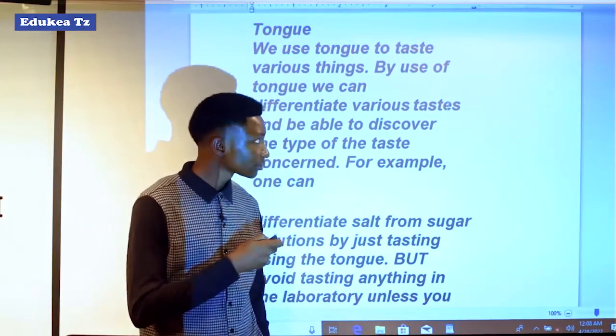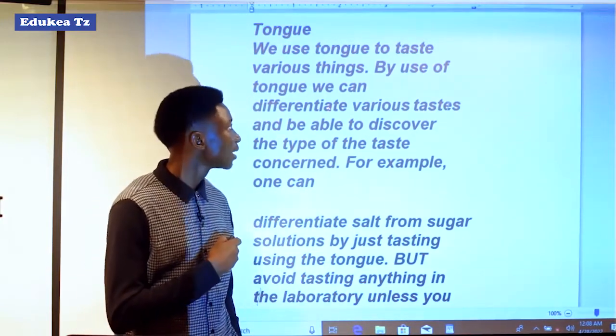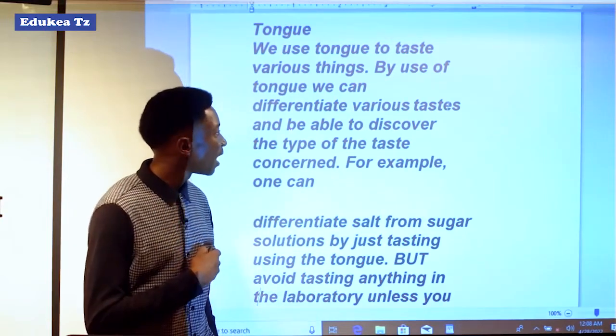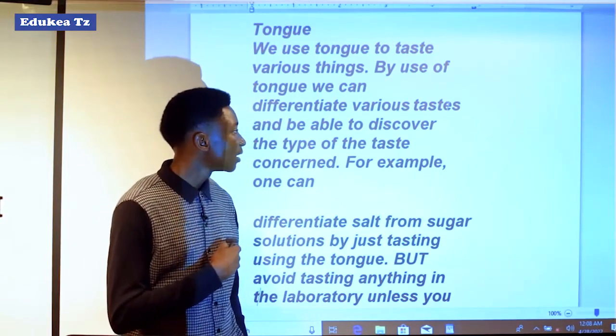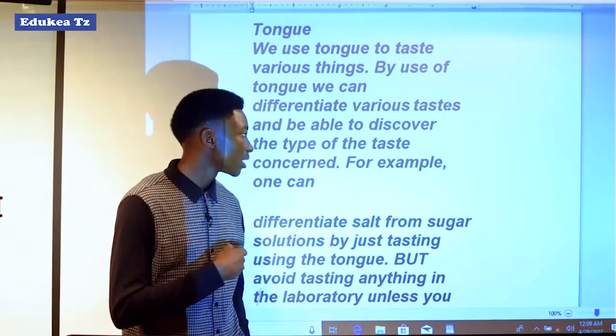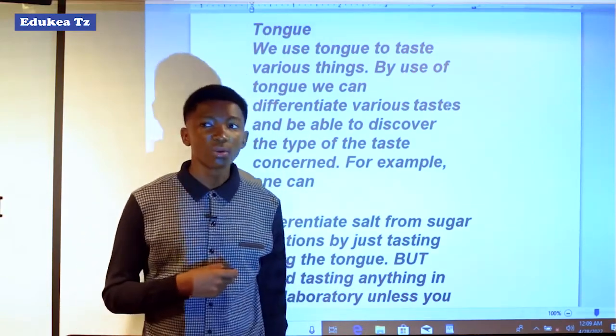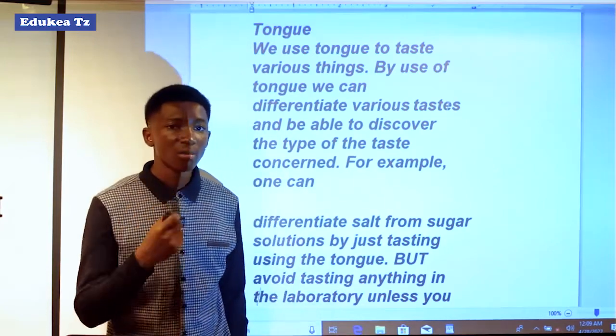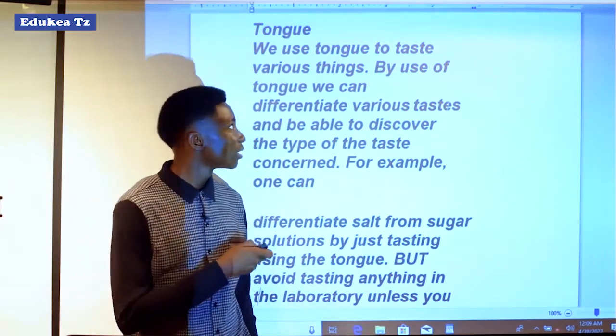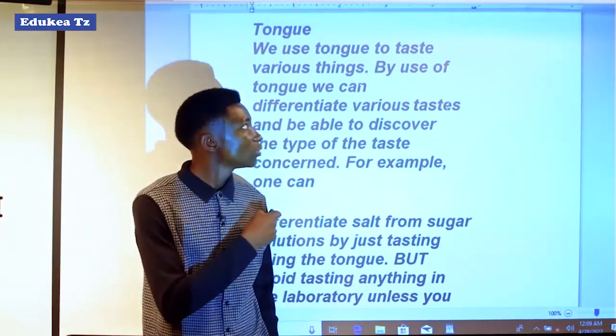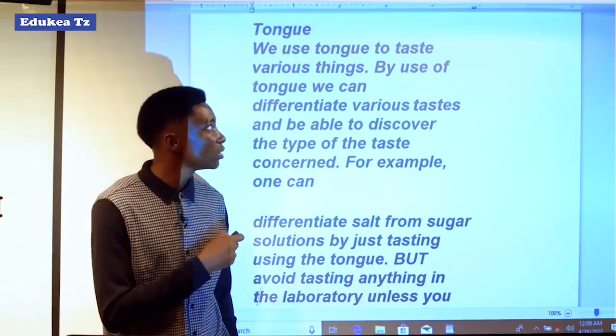So by use of the tongue we can differentiate various tastes and be able to discover the type of taste concerned. With this sense organ, we can do observation through what we taste, what we eat, or what we drink.